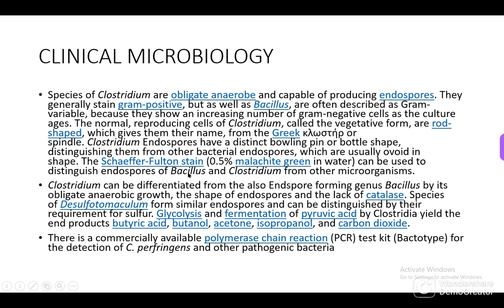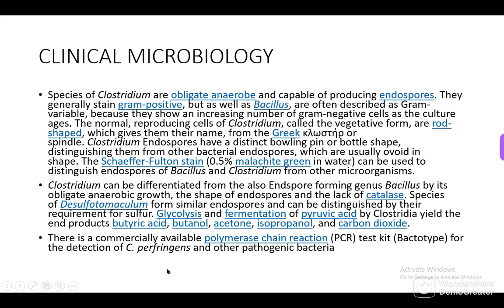This is clinical microbiology. Of course, microbiologists should know this. Clostridium can also be differentiated from the endospore-forming genus Bacillus by its obligate anaerobic growth, the shape of the endospores, and the lack of catalase. It is catalase negative.